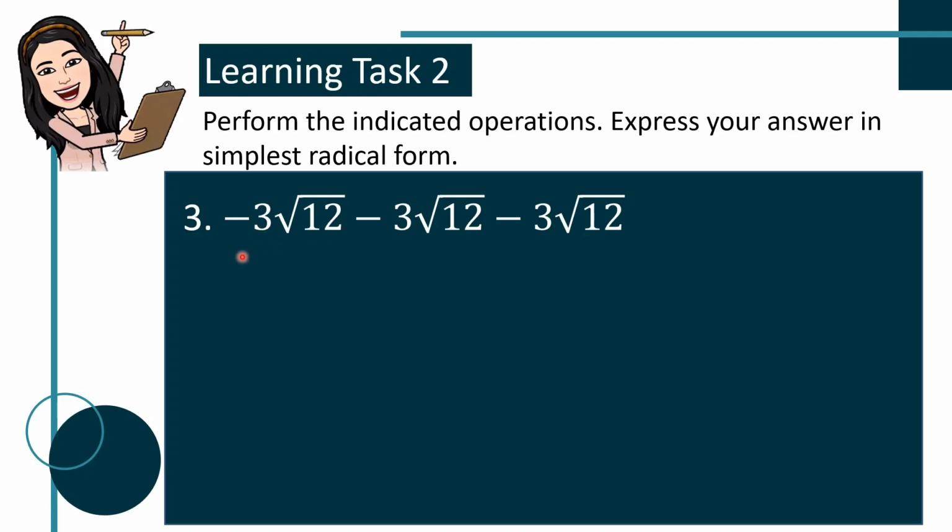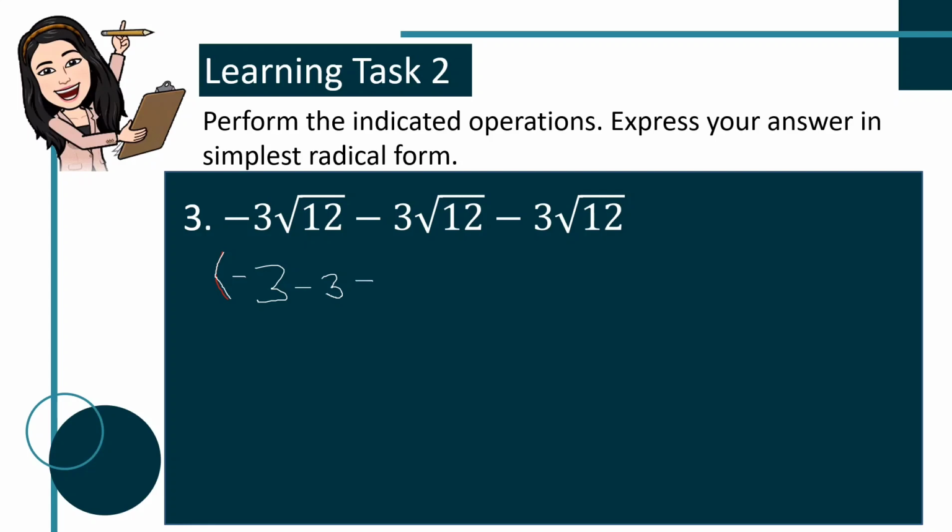So since ito ay subtraction lahat, apply ulit natin yung ating natutunan. So that would be negative 3, minus negative 3, minus 3. Pagpapasensyahan yung aking sulat, ha?